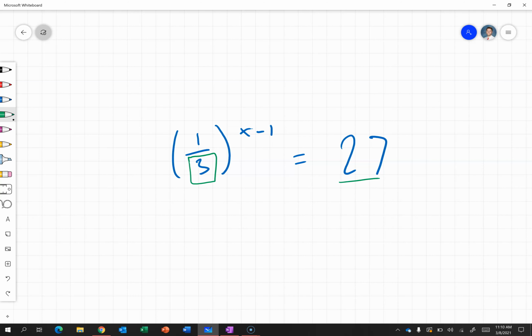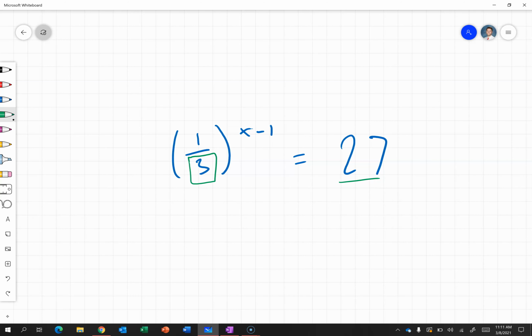On the other side of the equation, I have 27. I can see a connection between 3 and 27, because I know that 3 to the third power is 27. So if I can rewrite 1/3 as having a base of 3, and I can rewrite 27 as having a base of 3, then I could rewrite this and solve for the exponents.